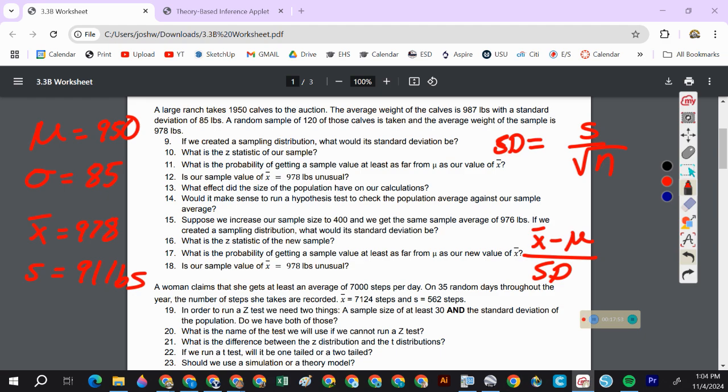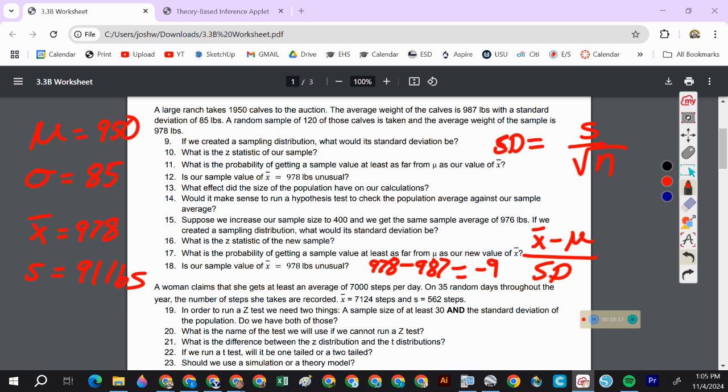Okay. So 978 minus 987 is, what is that, -9? Does it matter which order I put those in? It does. Does my z-score need to be negative or positive in this case?